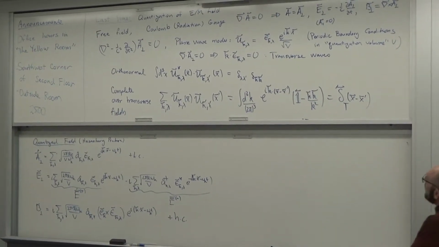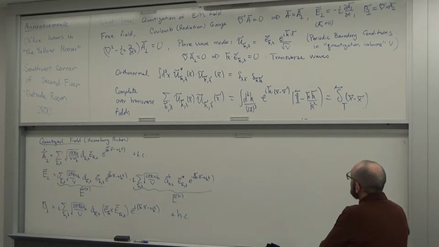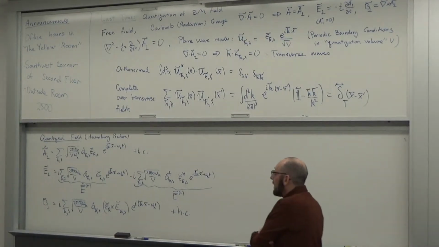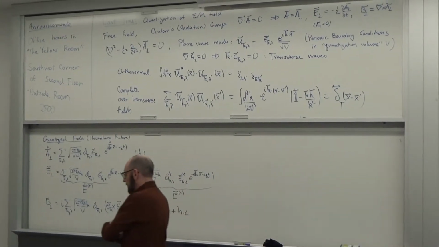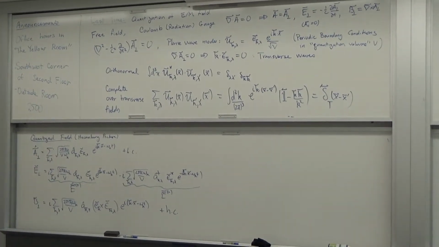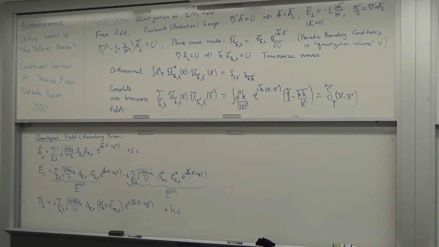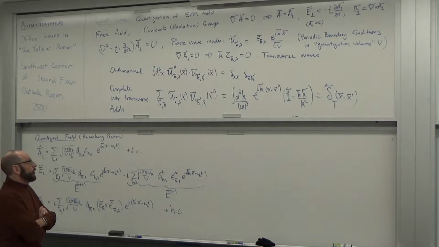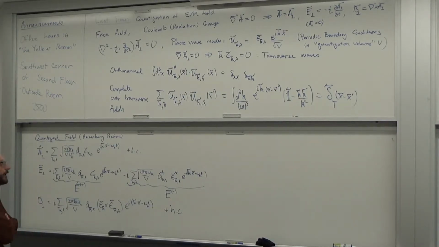In that Coulomb gauge, which is also known as the radiation gauge, we set the divergence of the vector potential to be 0. So the field we quantize is the part that is transverse, that is to say, the part that has 0 divergence.